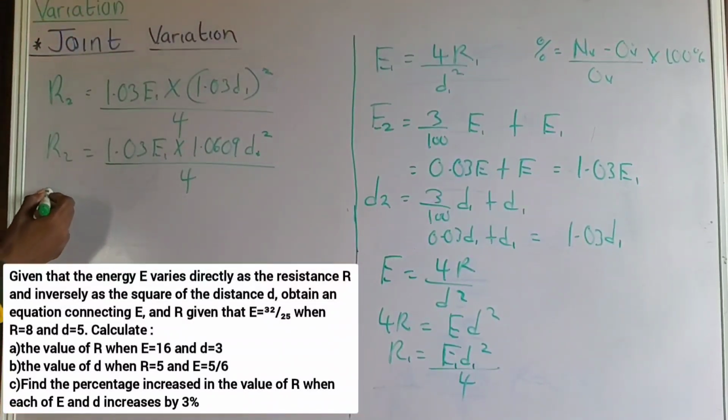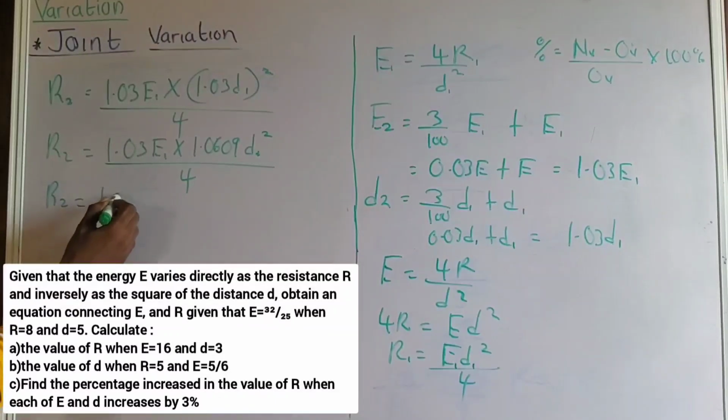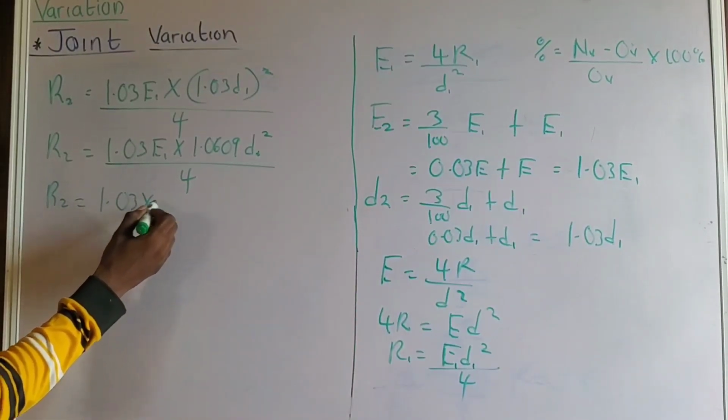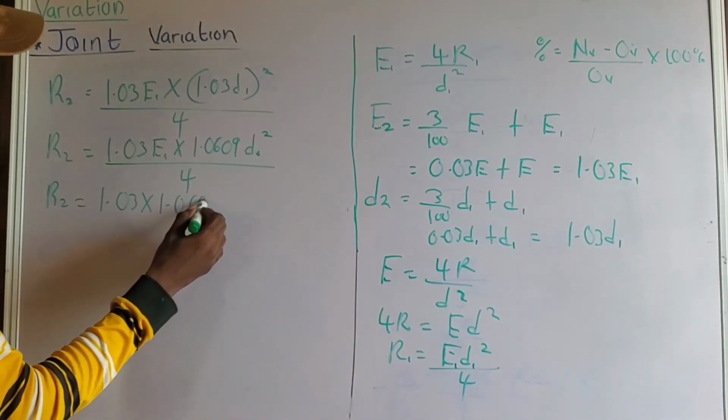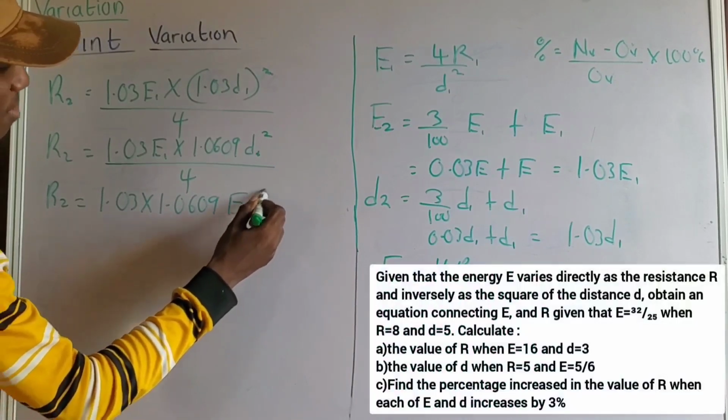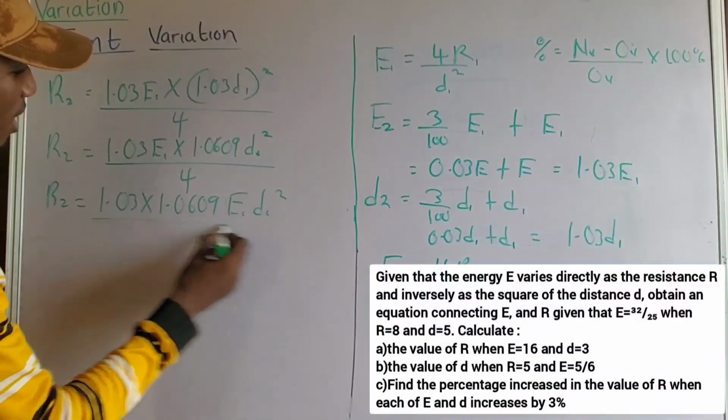Do you understand? So R2 equals 1.03 multiplied by 1.0609 E1 multiplied by D1 squared, all over 4, right?